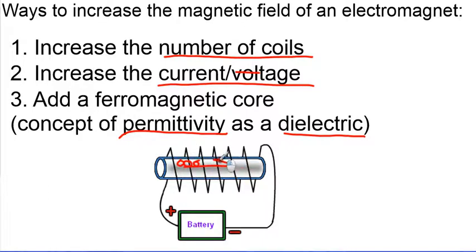And so when that happens, the magnetic field is causing the iron to produce its own magnetic field, because the iron is now going to be like a magnet.